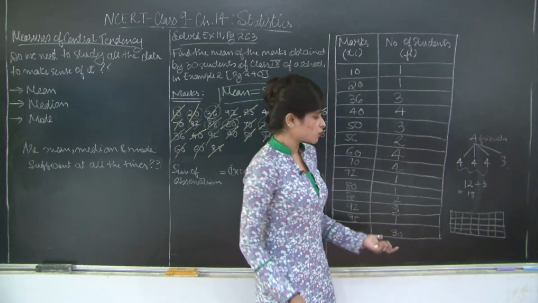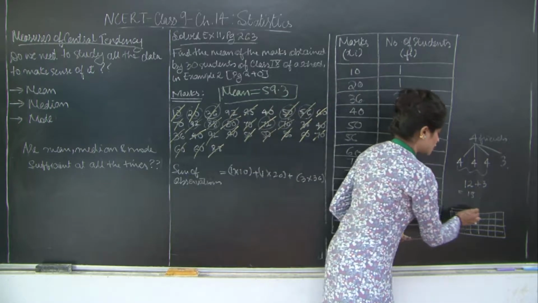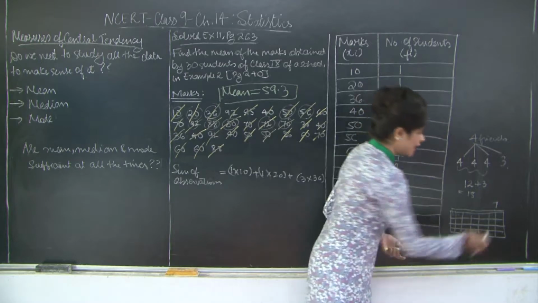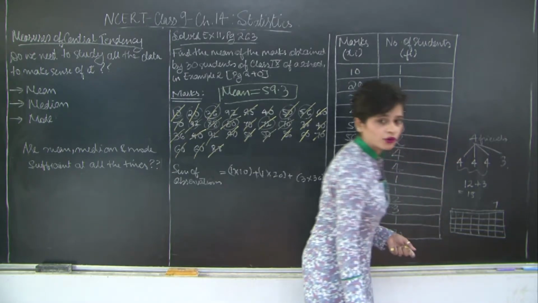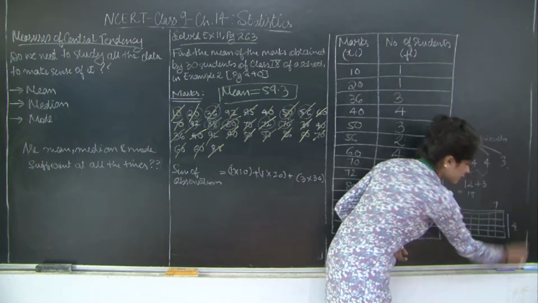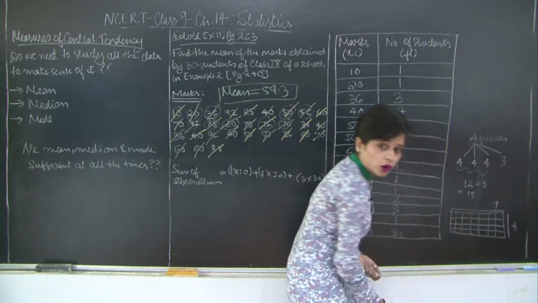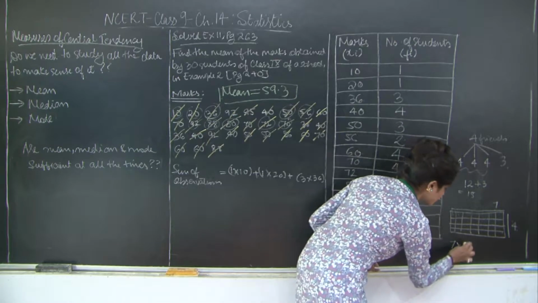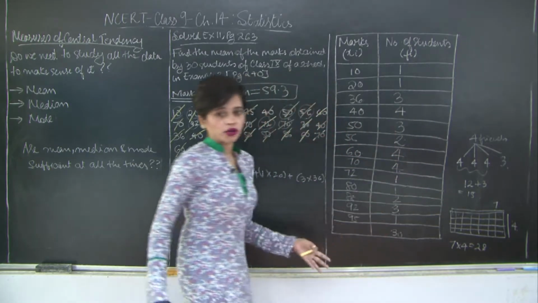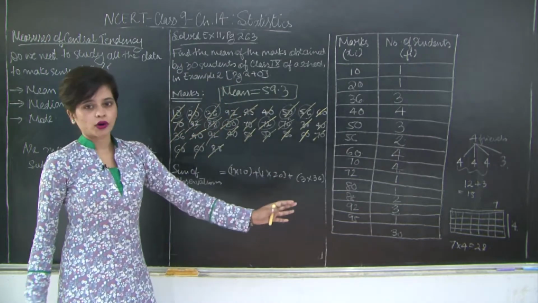No. Any smart person would count the total number of columns, that is 7, and the total number of rows, which is 4. So what is the total number of blocks in this table? 7 into 4, which is 28. That's how even area works, right? So this is exactly what we are doing.